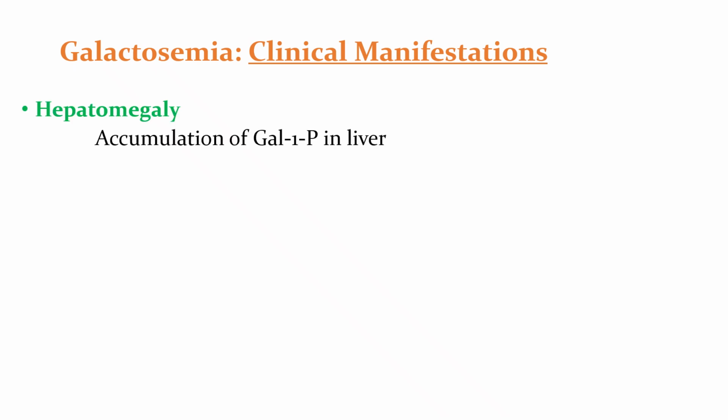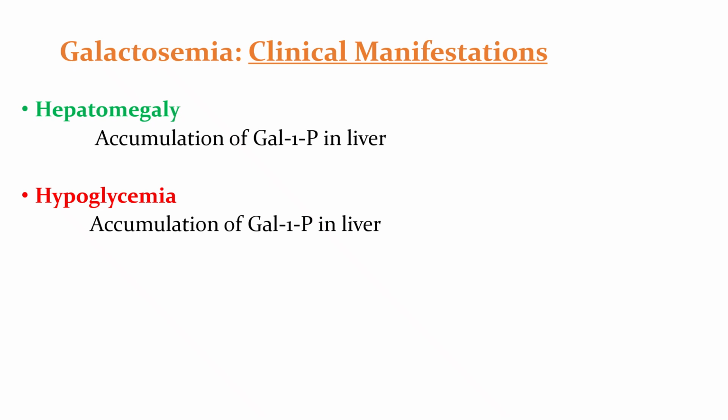Now we shall discuss the biochemical basis of clinical manifestations of galactosemia. First, hepatomegaly. Hepatomegaly is due to accumulation of galactose 1 phosphate in the liver. Next, hypoglycemia.